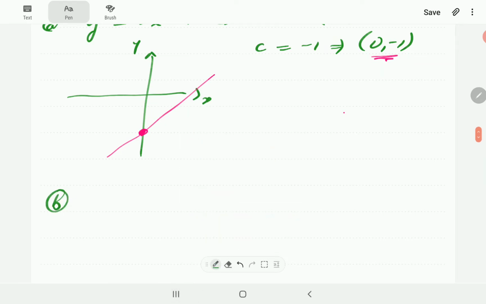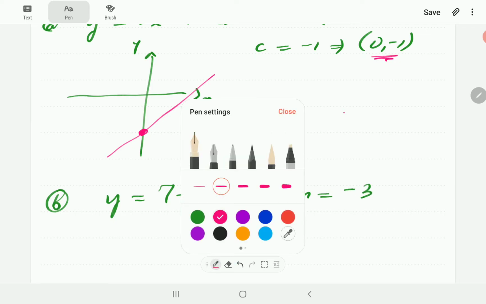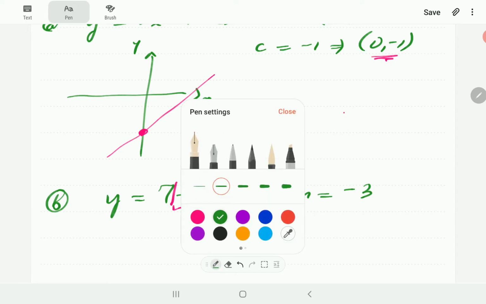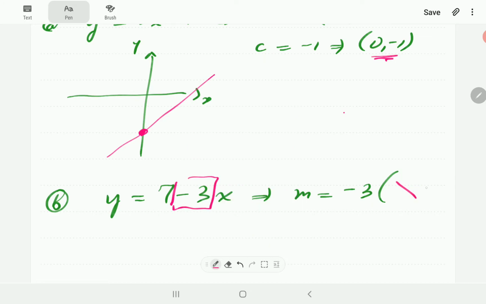All right, then in B we have y equals 7 minus 3x. Again, this is already in standard form, so we can simply read out m. m is the coefficient of x. It's negative 3. It's important here that this number goes with the sign before it. So if m is negative 3, from our theoretical considerations, it means that the line is going to be a bit like a backslash.